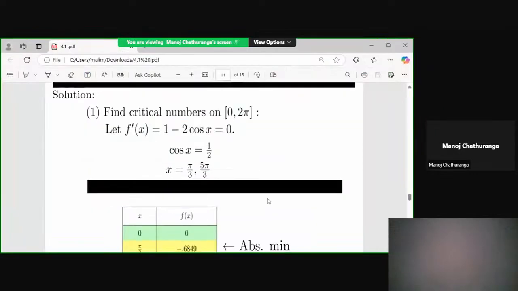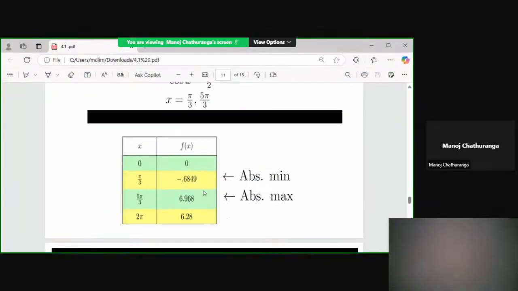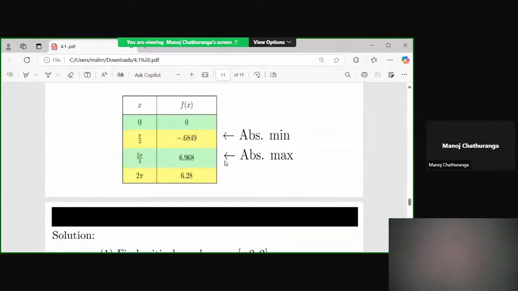In my notes, I don't have that much information. I used a calculator to compute these numbers. But you see, I sort of get the absolute maximum and absolute minimum from these function values, the calculator values.